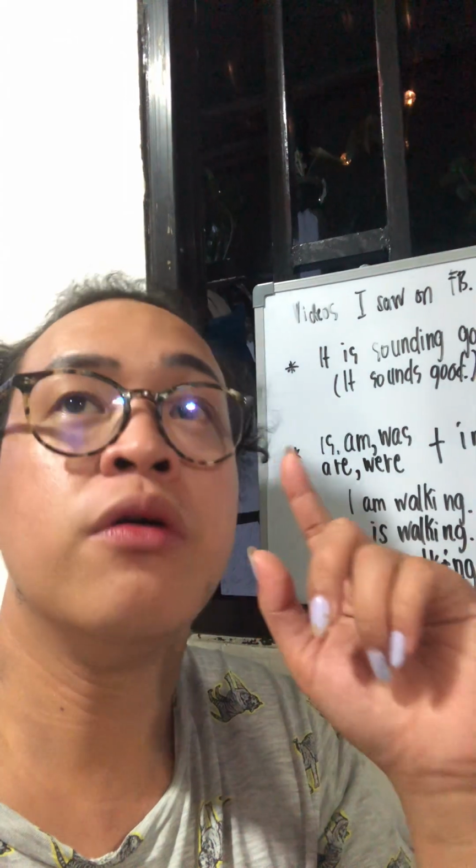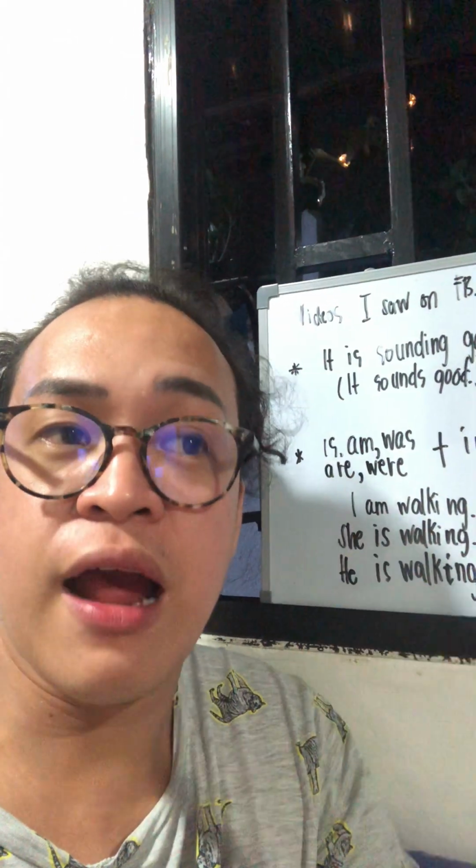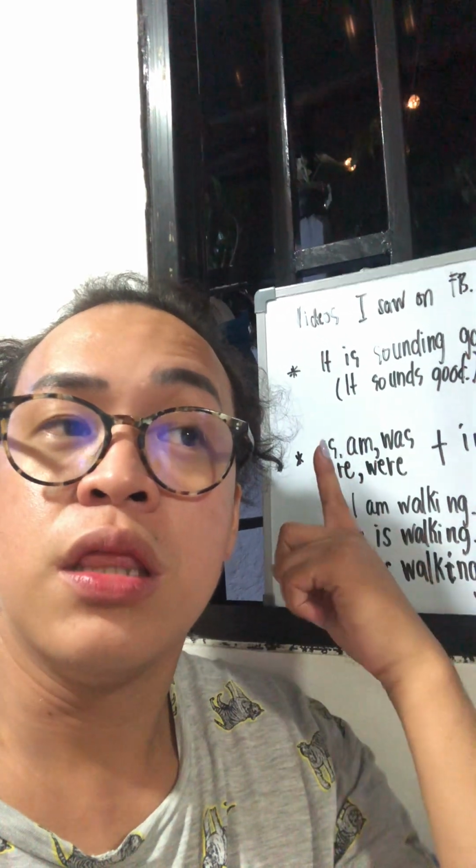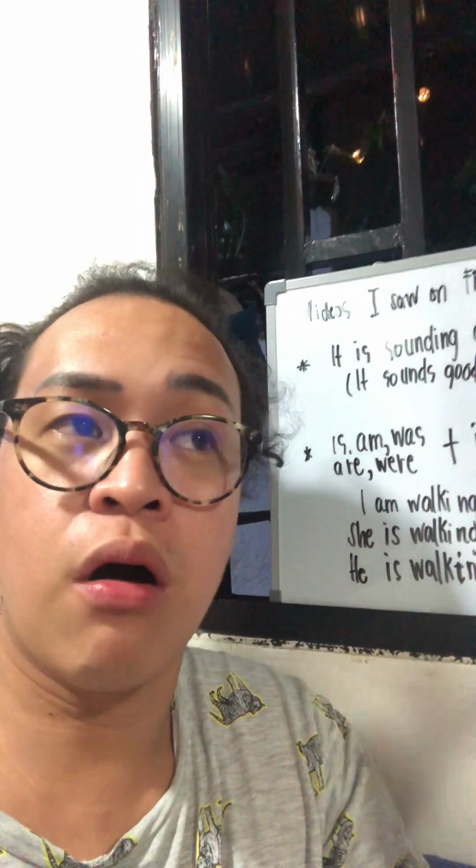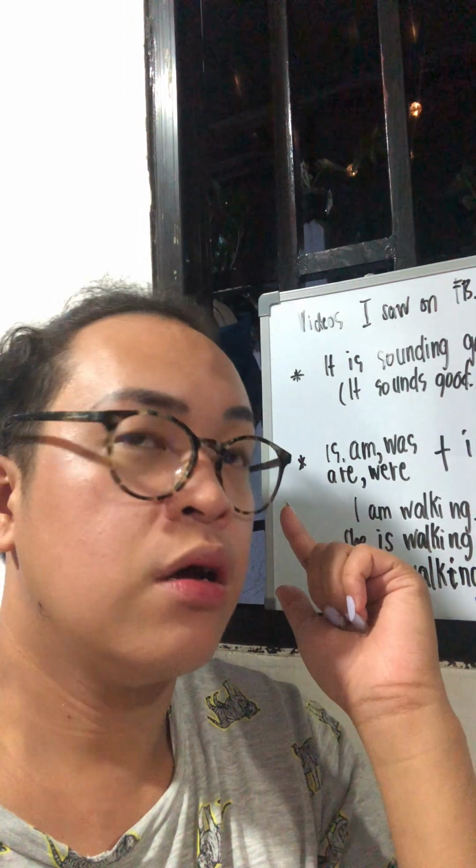For example, if the sentence is in passive voice, that's gonna be the time that the helping verbs is, are, was, am, were are followed by the past participle of the main verb.